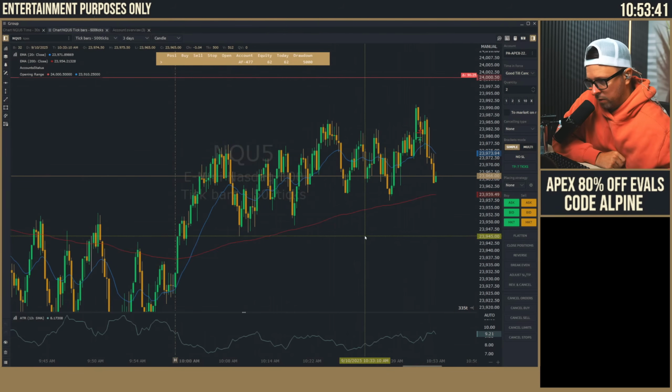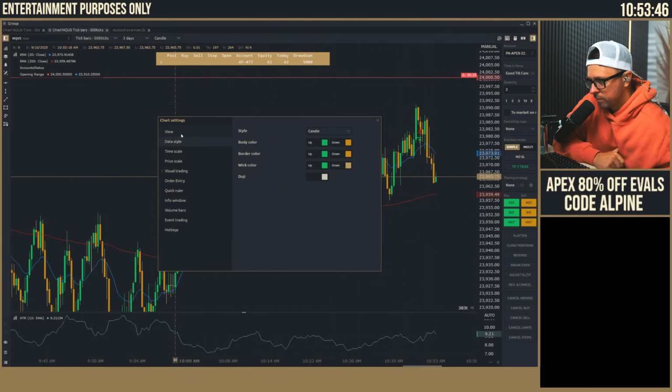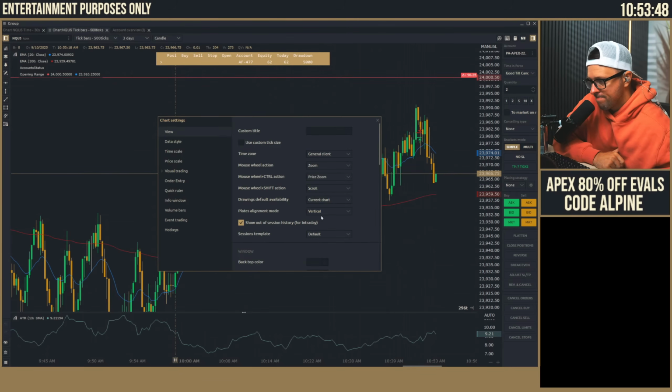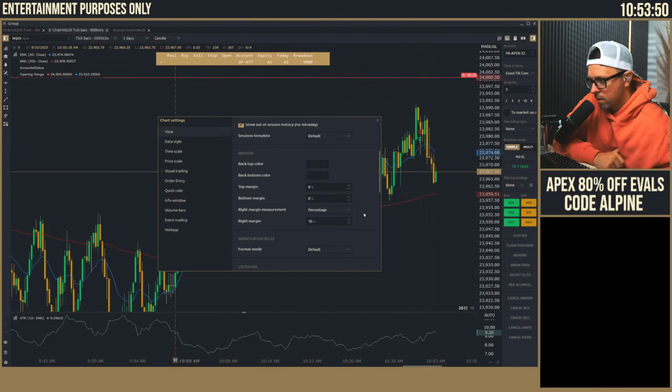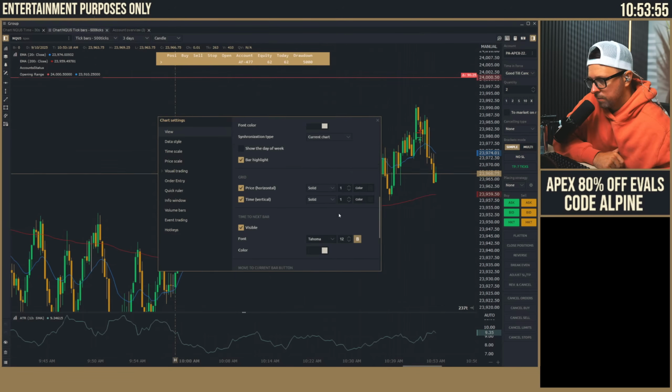Oh, I gotta get rid of the grid. The grid on the chart is pissing me off. Where is it?